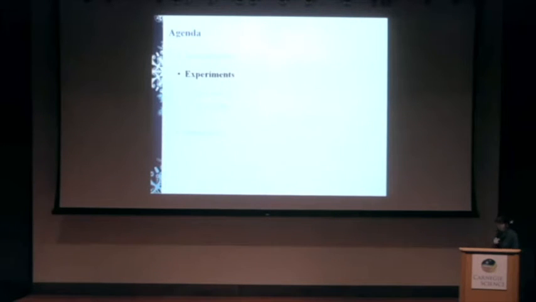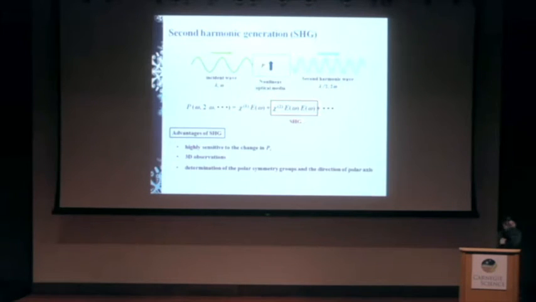Now I'm going to talk about the experimental technique and the results. We use second harmonic generation as a probe for achieving our aim. Second harmonic generation is a nonlinear optical effect: when the incident beam enters the crystal, it generates a second harmonic whose wavelength is half of the fundamental wave. There are several advantages to using second harmonic generation for our purposes.